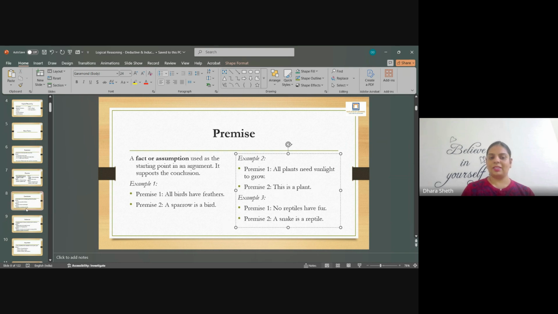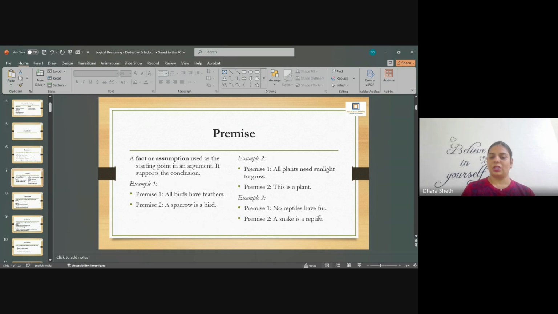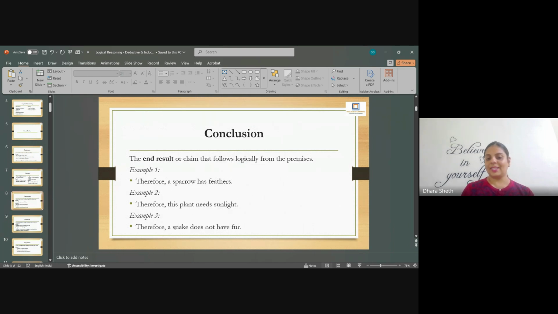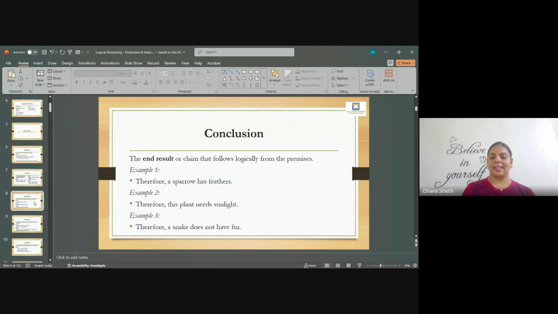This is a plant. Therefore, this plant needs sunlight to grow. No reptiles have fur. A snake is a reptile. Therefore, a snake does not have fur. These first 2 statements are called premise, and the final statement is called a conclusion.